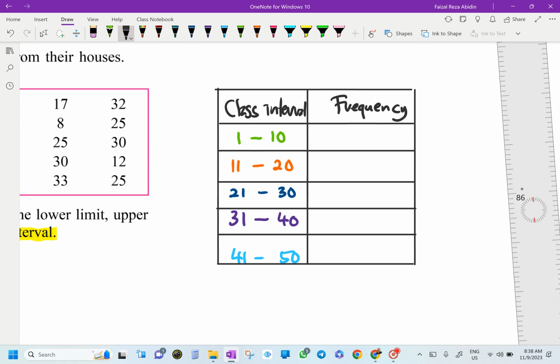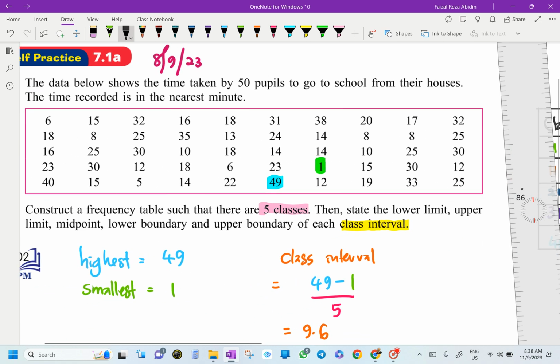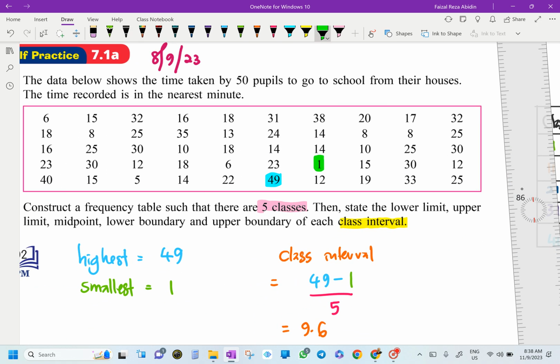Now from 1 to 10, let us look over here. 1, 2, 3, 4, 5, 6, 7, 8, 9.